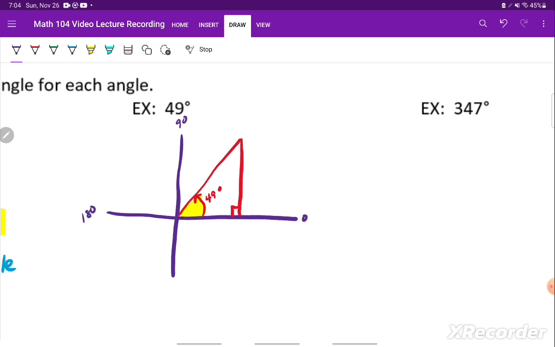Well, you'll notice that that's going to be 49 degrees. It is true that in quadrant 1, your reference angle is always going to be whatever your angle theta is. Because it's kind of like when we drop that perpendicular, we build the triangle around that angle theta. So our reference angle, 49 degrees.